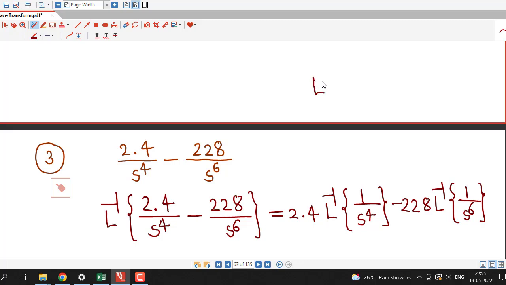So we must have the inverse Laplace transform formula for 1 divided by s raised to n.